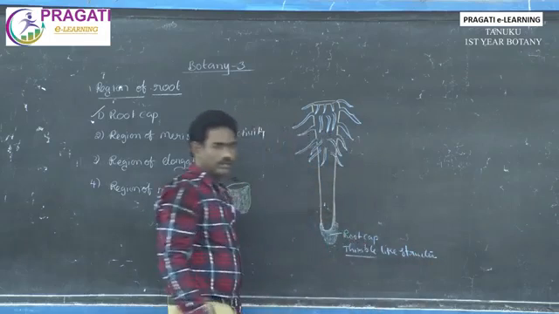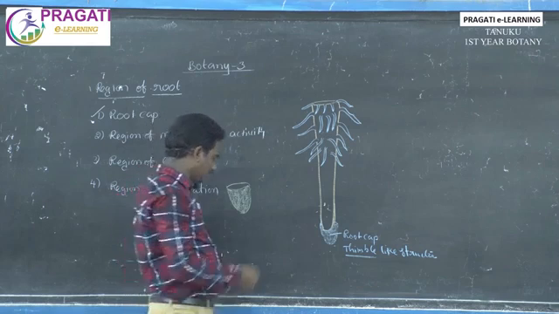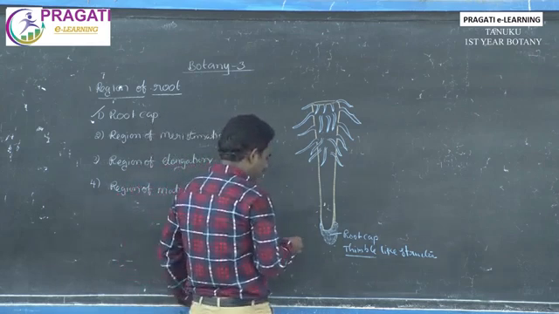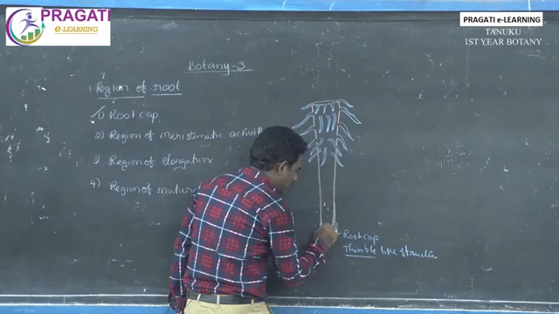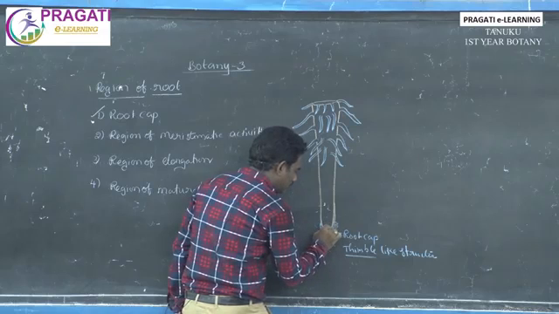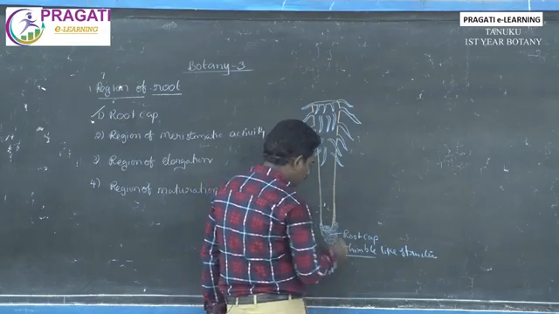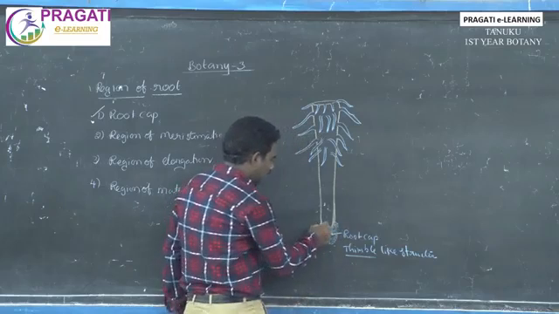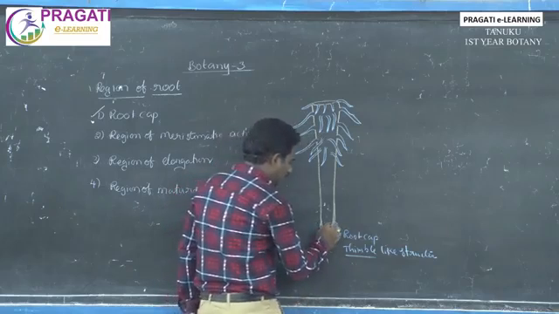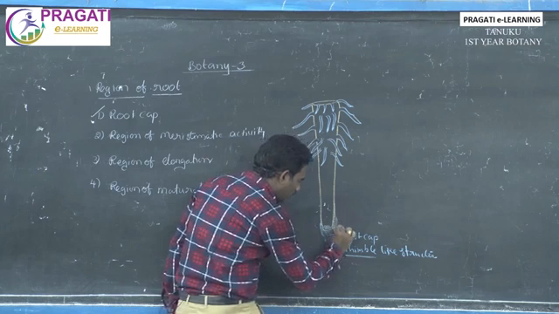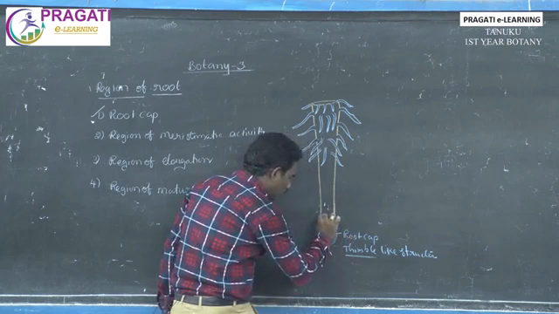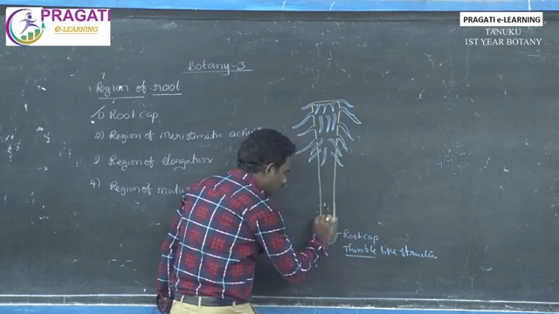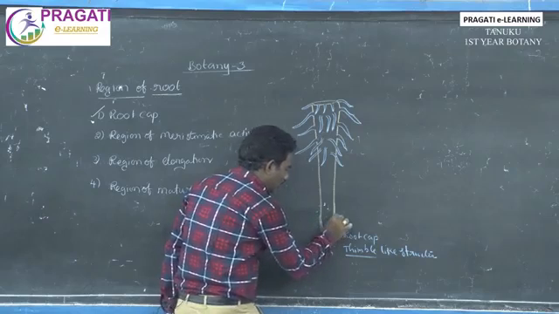It protects the tender tissue, that means immature tissue, in Telugu meaning leta, so the root can penetrate into the soil.